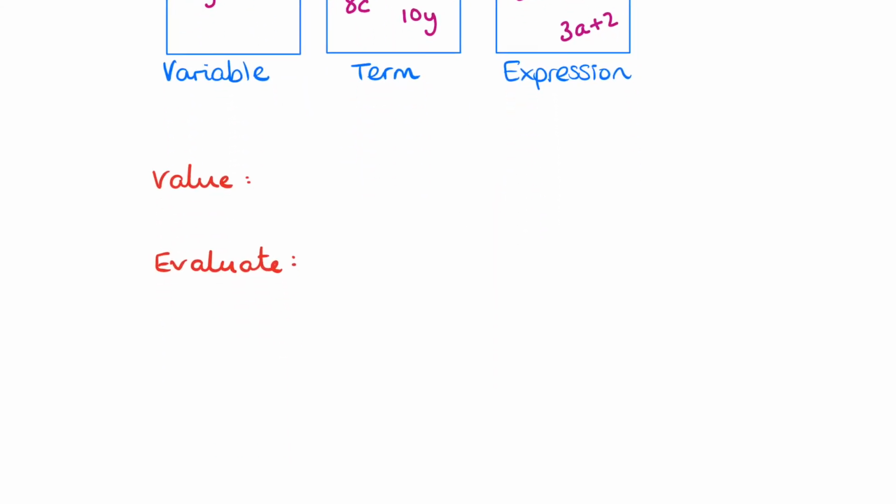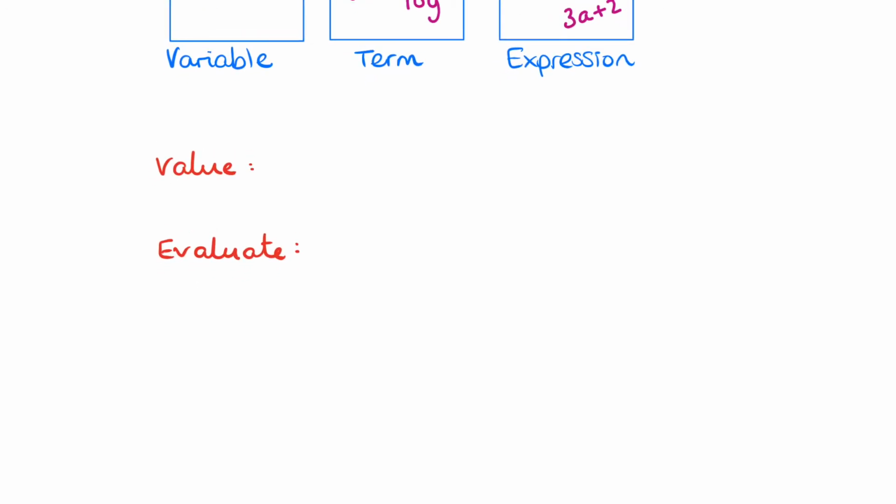Now, there's a couple of other things that we need to know the meaning of. That's value and evaluate. So the value of something is what it's worth. So sometimes we're told the value of a variable or an expression or a term, and sometimes we have to work it out. If you're asked to evaluate, then you find out what it's worth.